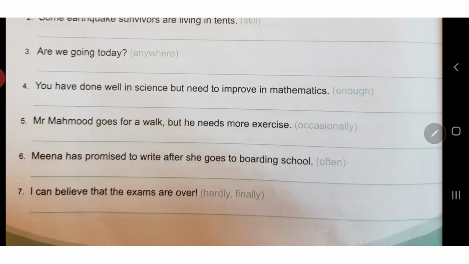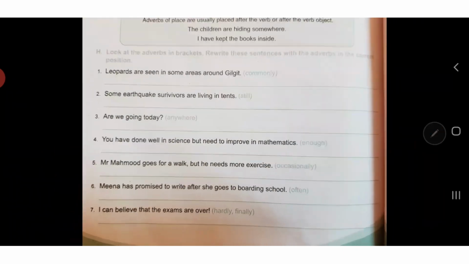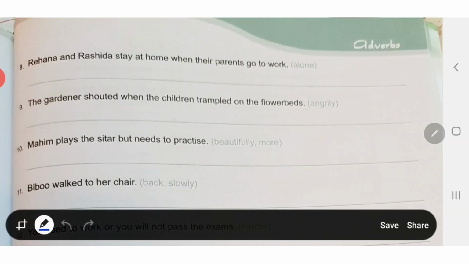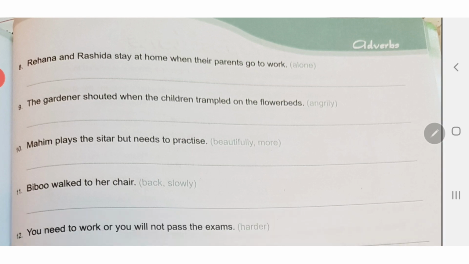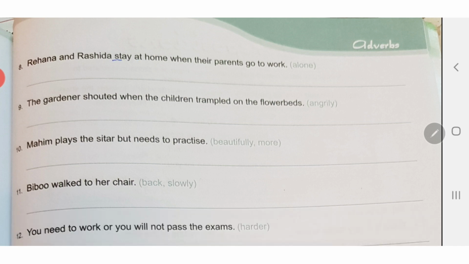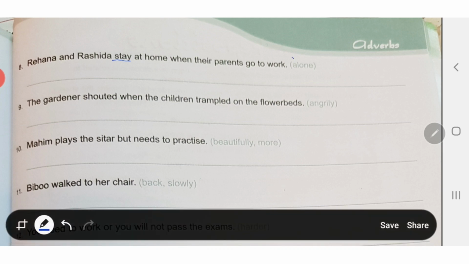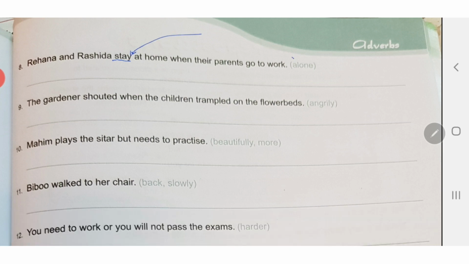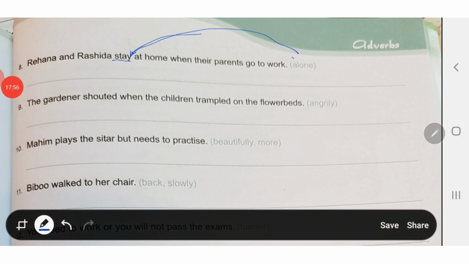Now let's come to number 8. Okay students, I will read number 8 now. Rihanna and Rashida stay at home when their parents go to work. Bracket says alone. So what is the verb given here? Stay. So we'll place it after this verb. It's so easy and fun to do. Let's start writing.